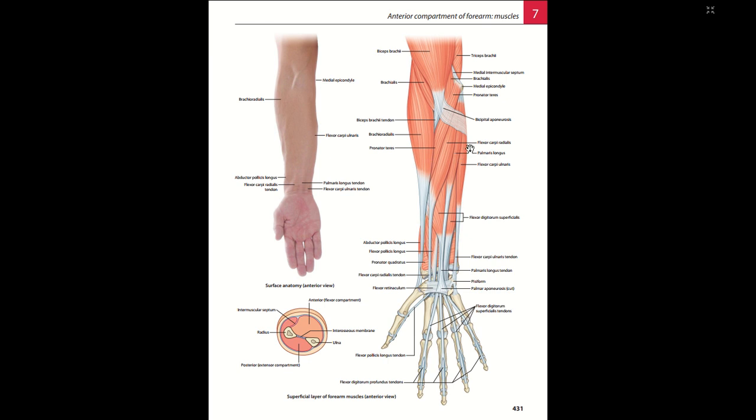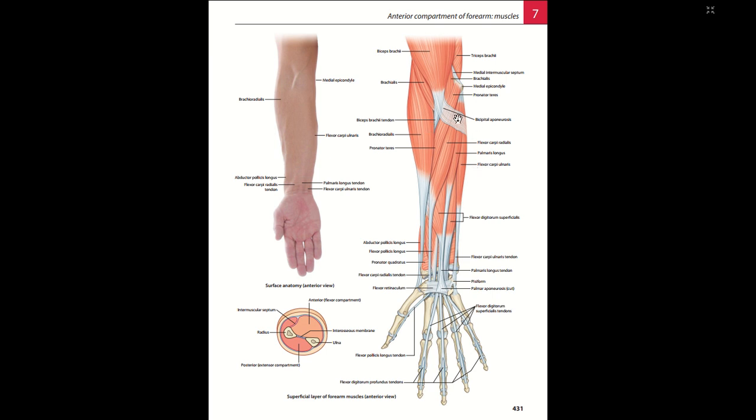The first P is your pronator teres. The F is going to be your flexor carpi radialis. The P is going to be your palmaris longus, and the other F is going to be your flexor carpi ulnaris.